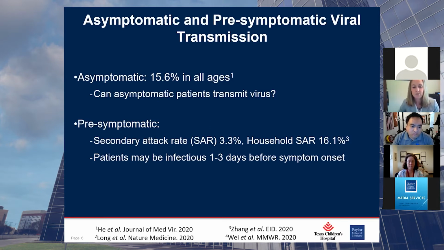So as you can see from this particular data here, the secondary attack rate from a pre-symptomatic individual, so someone who doesn't have symptoms yet, is about 3.3%. But if you're in close contact with somebody, particularly if you're living with an individual, that rate goes way up. And again, that's because of that needed close contact through most likely the droplet transmission.